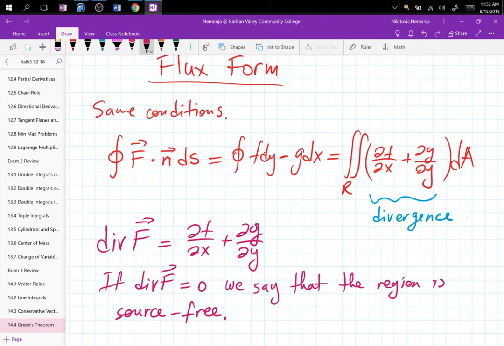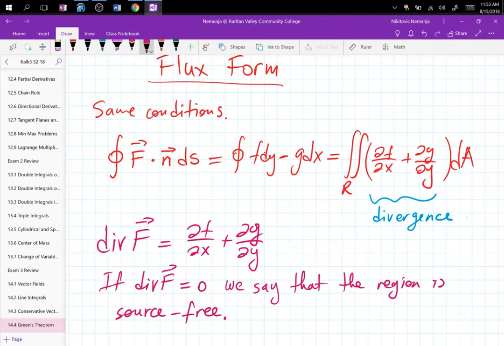So we have the divergence now, and if the divergence is 0, that means that there is no source that will be giving off radiation, water, wind, or whatever vector field you are observing. Now we are going to have the calculation for our radial field, and we should get 2 pi using Green's theorem.